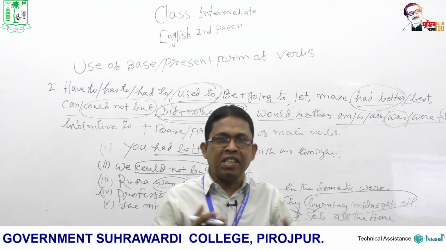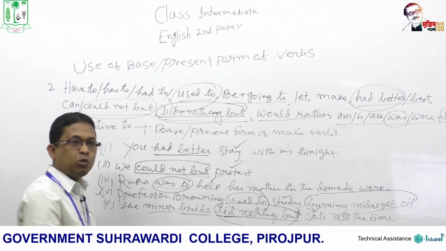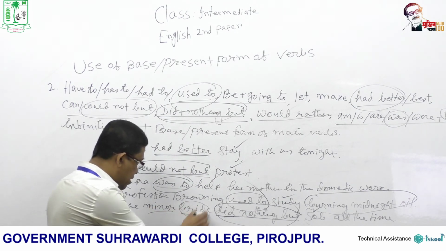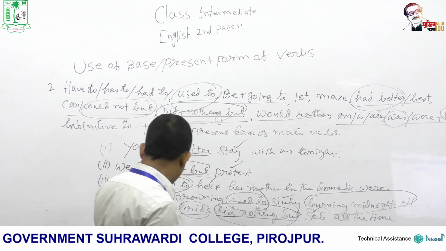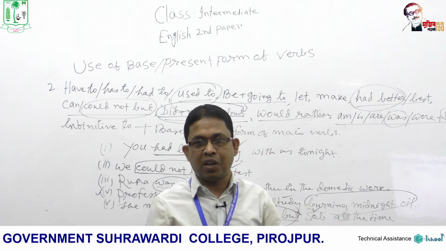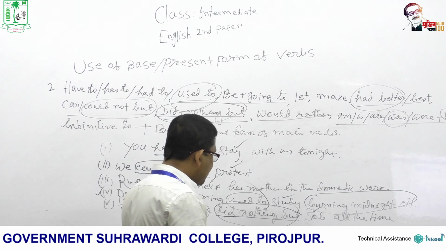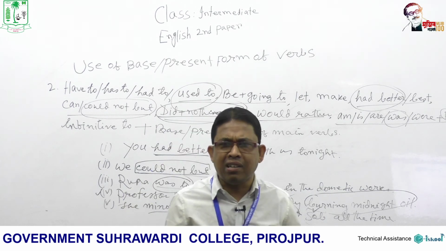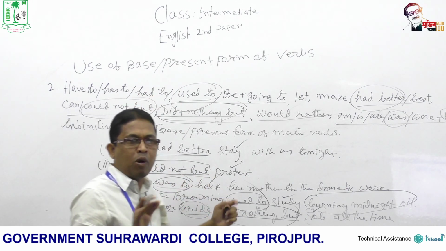So sob means weep, and the minor bride, minor means immature, underage, and bride means the newly married lady. So the minor bride did nothing but sob, weep. So what's our concern here? Our concern here is not the meaning, but how to use the base form or the present form of main verbs.